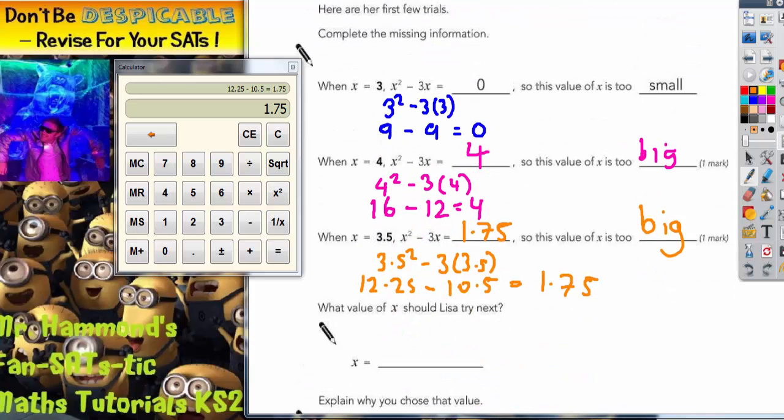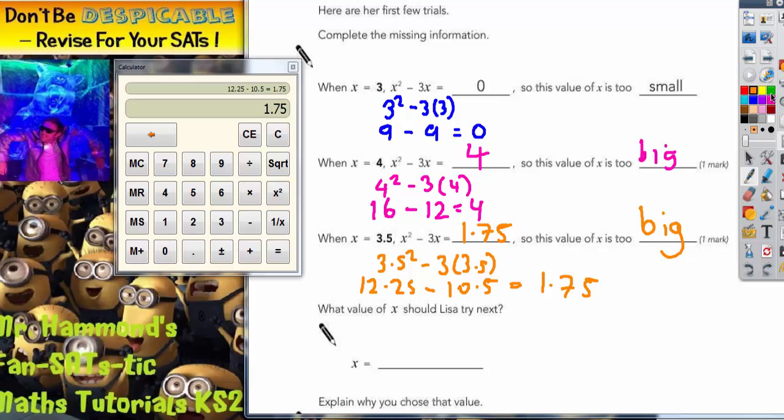It says, what value of x should Lisa try next? Well, let's look at what we've got so far. We know that 3 is too small, 4 is too big. So that's why she tried 3.5 next, because the answer must be between 3 and 4.